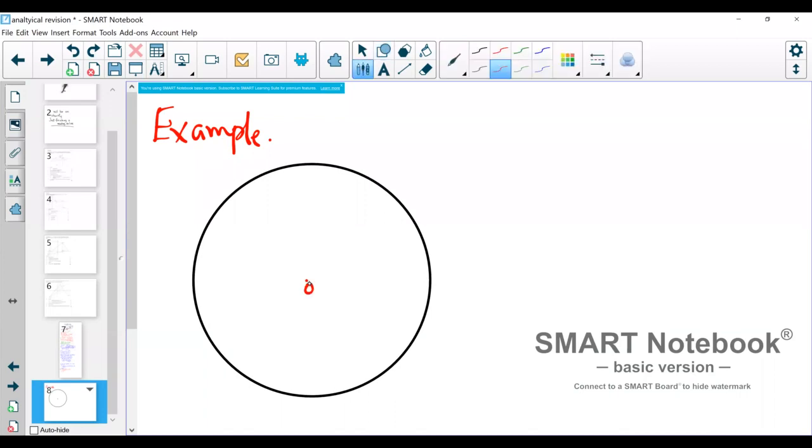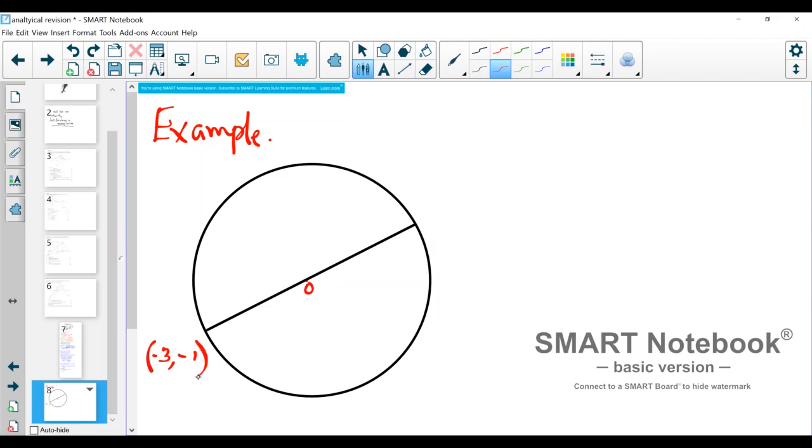We have point O there. And then I have point A. Okay, let's create a diameter here quickly. Let's have this as a -3 and a -1.